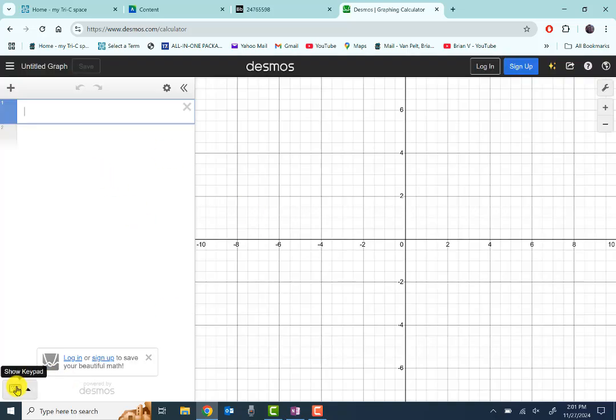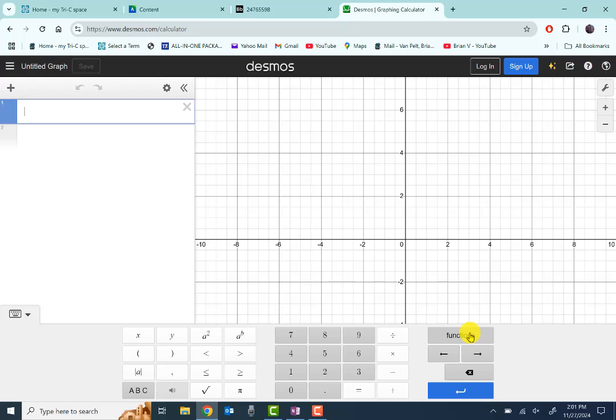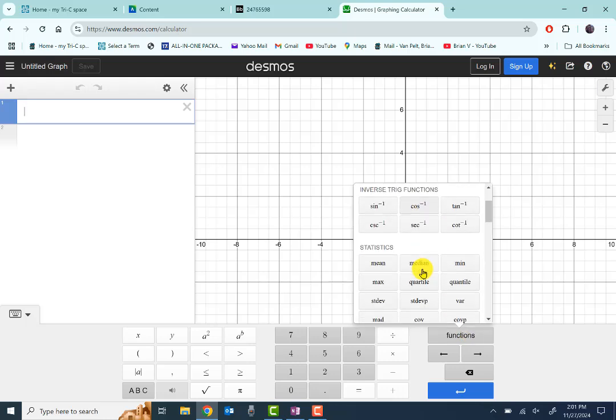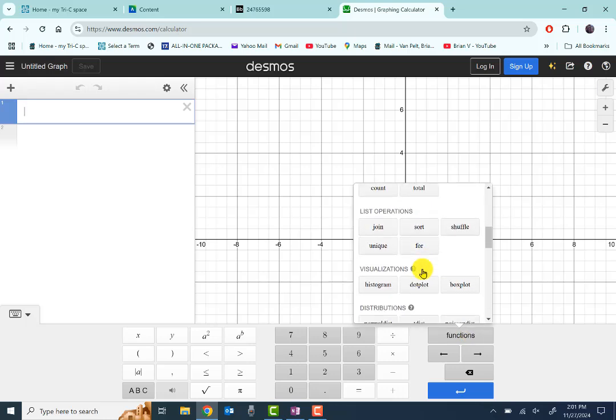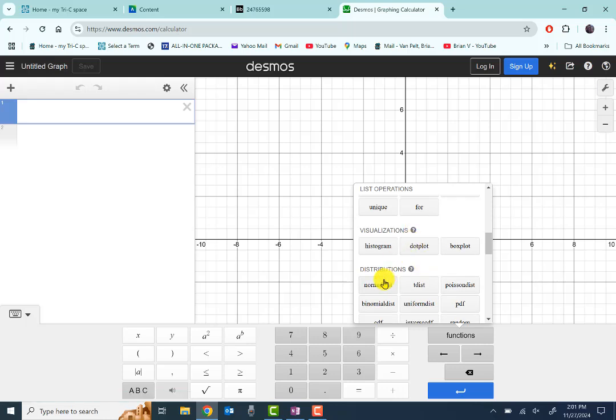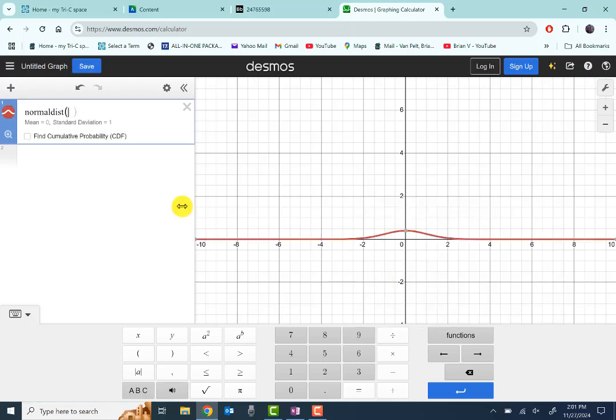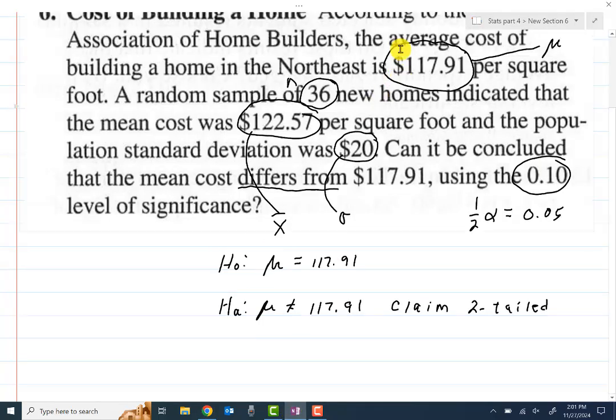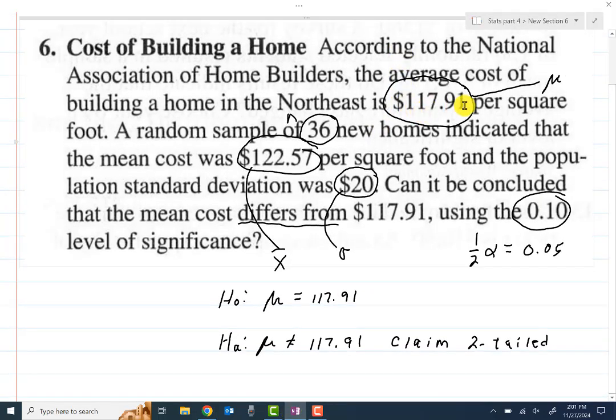Now I'm going to go down here to this keyboard, go into functions, and since we're dealing with the normal distribution here, I can grab the normal distribution. Okay, now what you do inside of the parentheses is you put the mean and the standard deviation. So if I come back to the problem, my mu was up here, 117.91, and the standard deviation was 20.